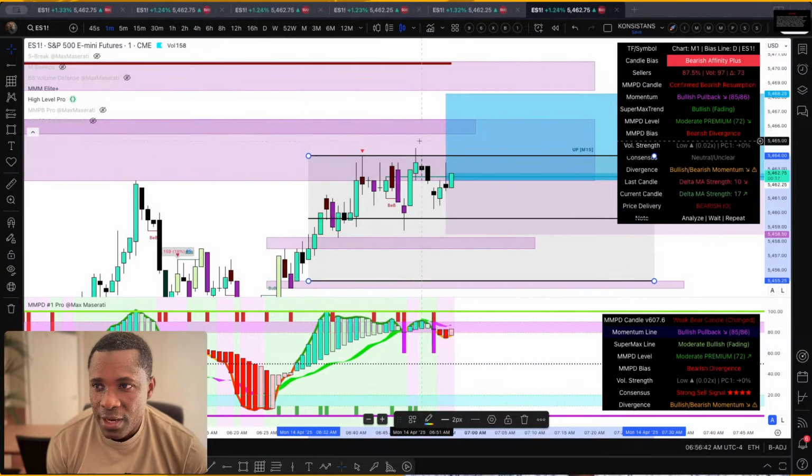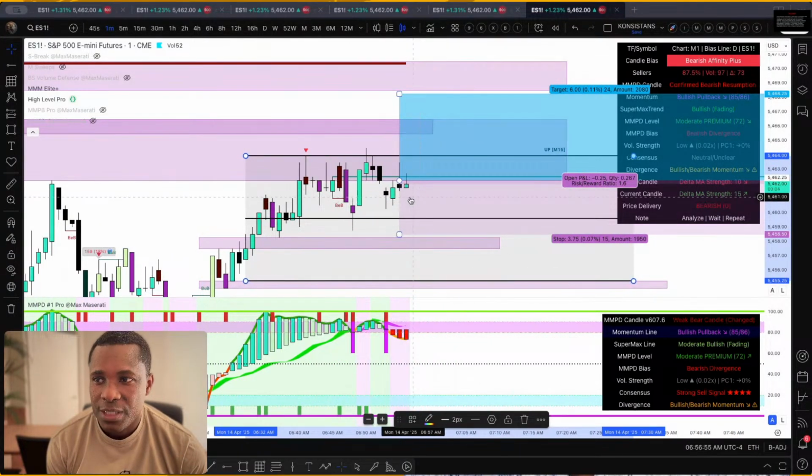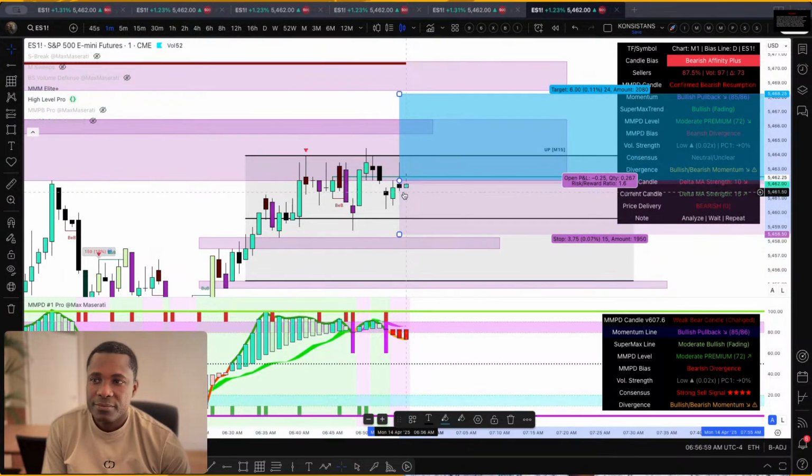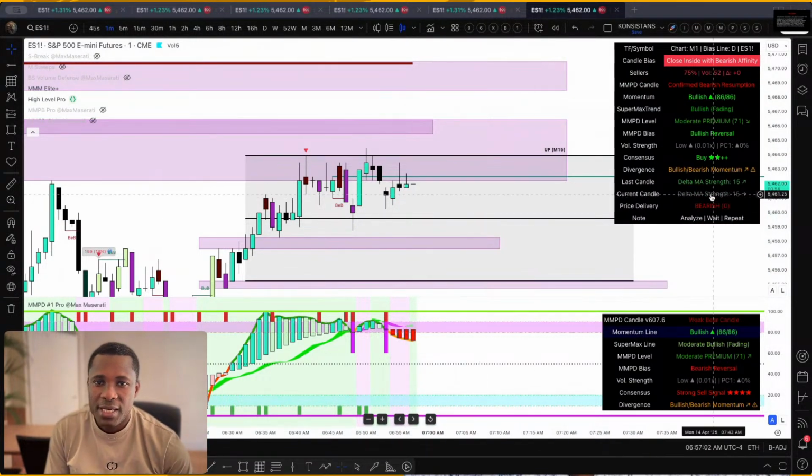Price went all the way up here and closed above this level. A bullish break would assure me of the trade, and it didn't, which means price highly likely doesn't have enough strength to push up. So I'm like, okay, it doesn't feel worth it anymore.